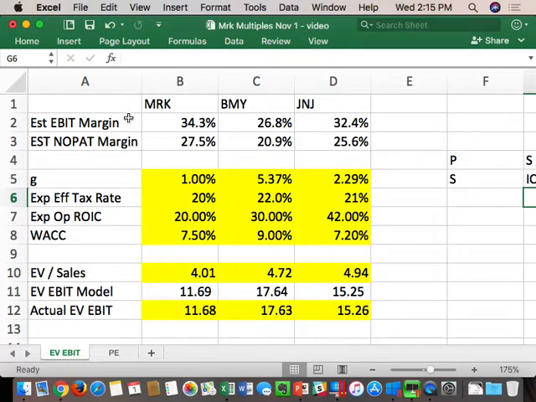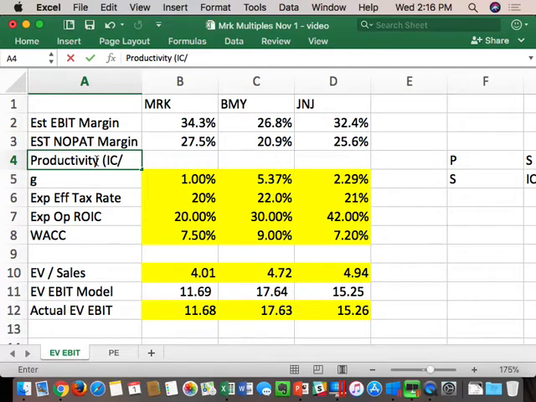We know the margin. We have a sense of what the ROIC is. So essentially, built into the trading multiples is an estimate of the productivity of the companies that we're doing. So this is the productivity. And that is to match what we've previously done in the ROIC tree. We said that that was invested capital divided by sales.